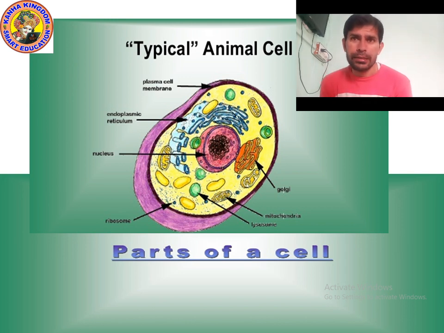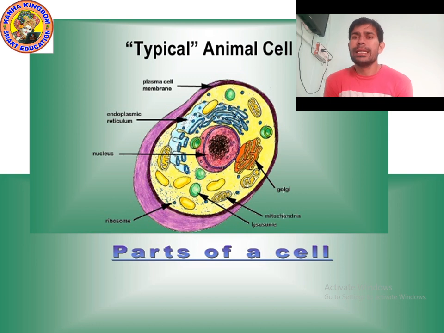Okay, cell theory. As you can see, the picture of the cell is big, but actually cells are very small. So we can say the cell is the smallest unit of life. This is the first point of cell theory.